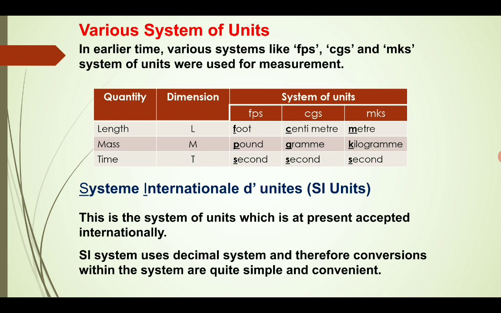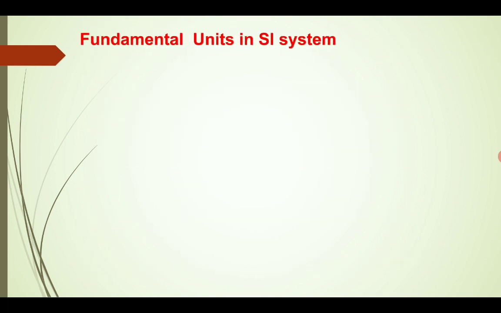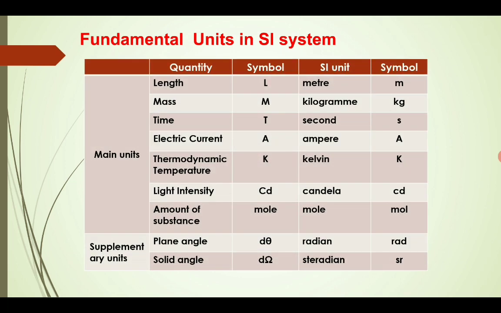Now we have a fundamental system of units for the main physical quantities. We have some base or fundamental physical quantities which are used to derive further derived physical quantities. Let us have a look.